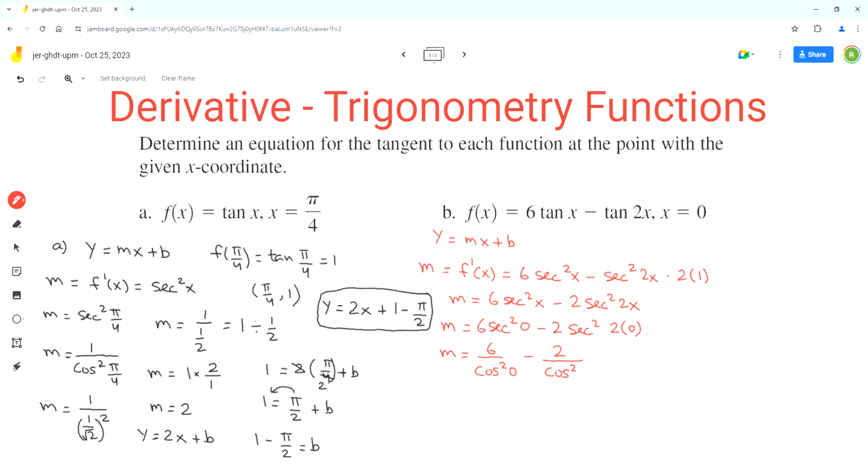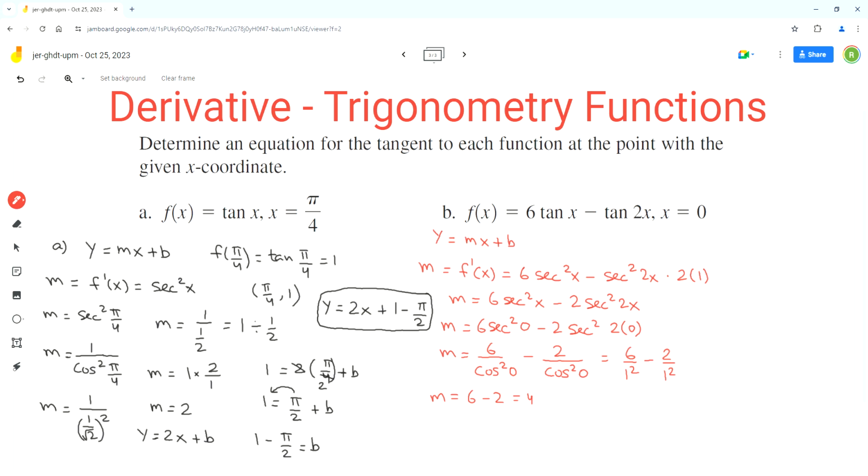Now 2 times 0 is 0, and we know that cos of 0 is equal to 1. And 1 square is 1. So we are just left with 6 over 1, which is 6, and then minus 2, which is equal to 4. So the slope of the tangent is 4.